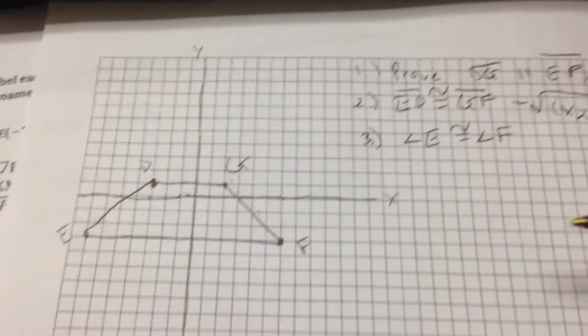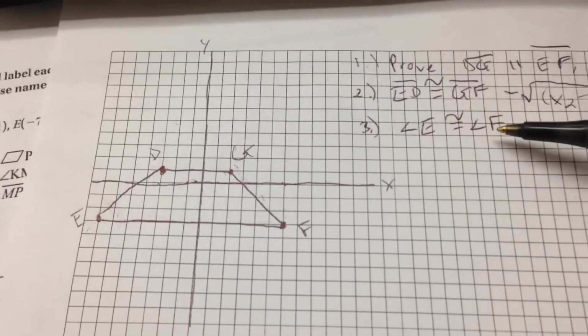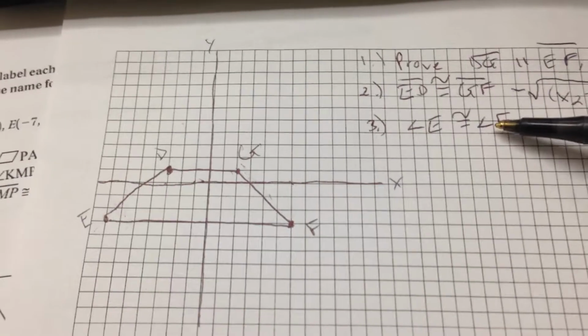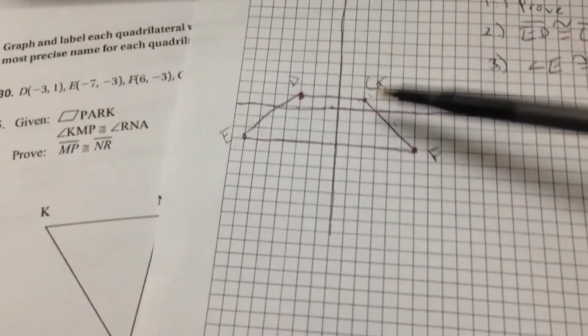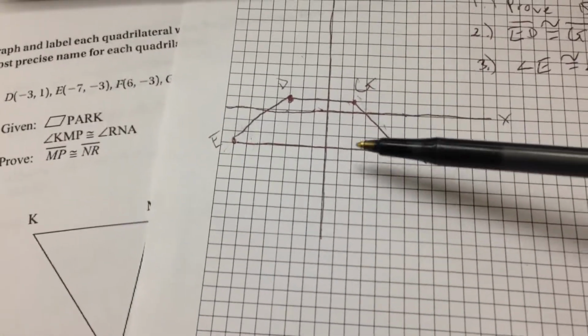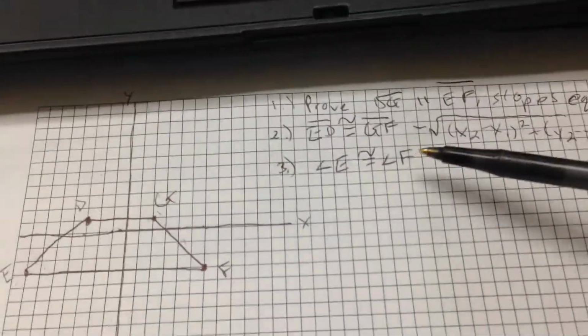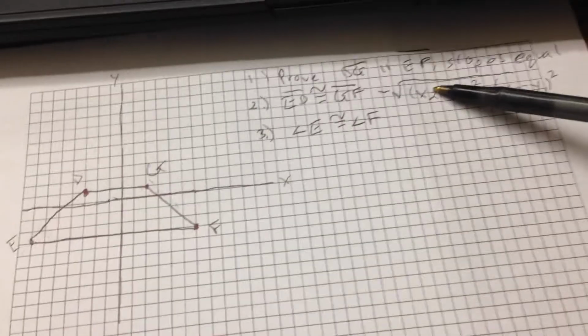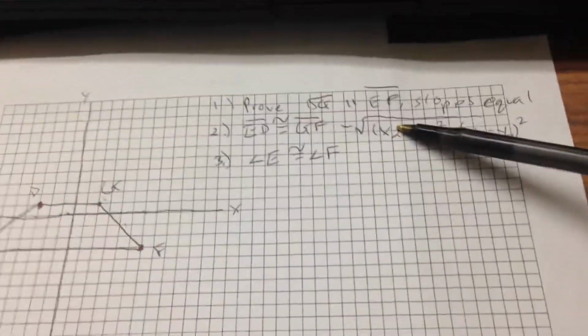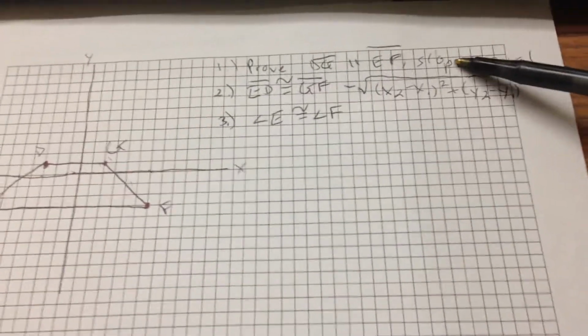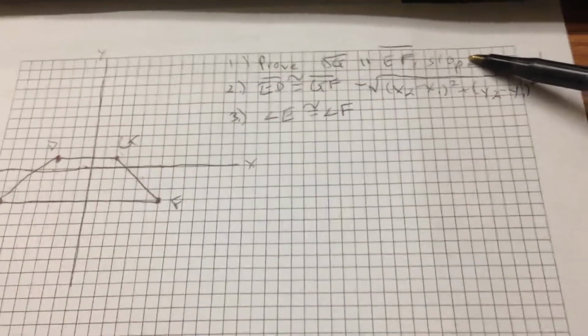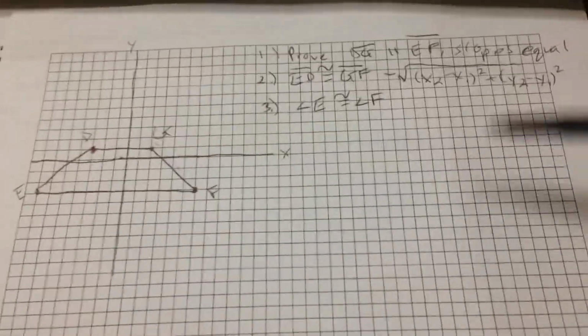And then we can prove that angle E and angle F are the same through parallel lines and alternate interior angles. But if you can at least prove this portion, that they are congruent, and you can prove that you have two parallel sides, then you have proven that it's an isosceles trapezoid.